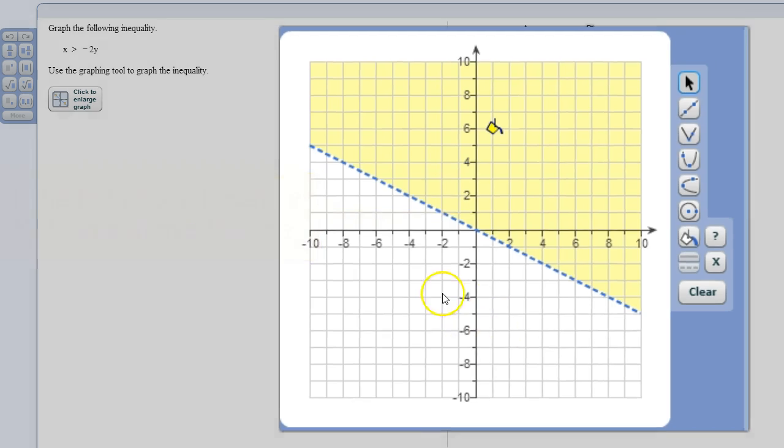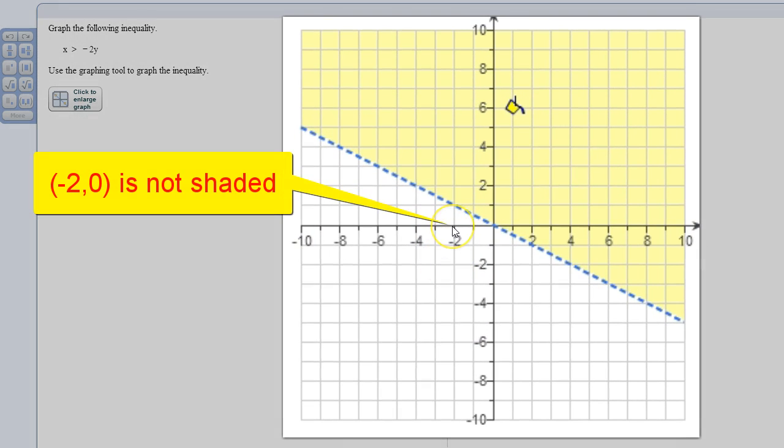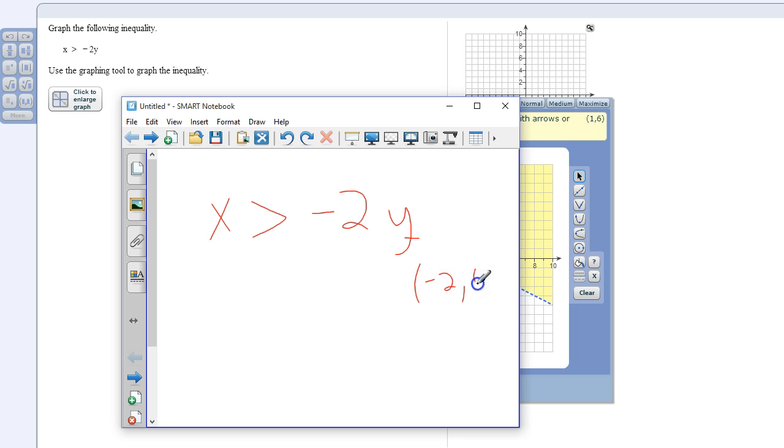Now, for instance, negative 2, 0 did not make it true. If I were to use negative 2, 0 as my test point, another point that was not on the line, x would have been negative 2, y would have been 0. I would have plugged in negative 2 for x and the greater than symbol, then 0 for the y, and I would have gotten negative 2 times 0.